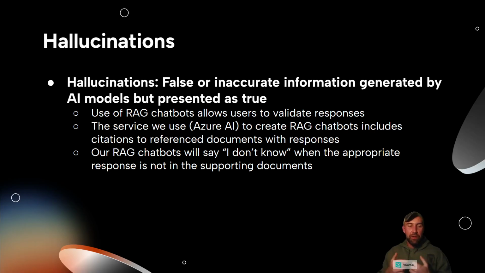So you as a user won't necessarily know that it had hallucinated. You might say, who was the president in 1984? And it would very confidently say George Bush, when in truth, the president was Ronald Reagan. But it's not going to give you any indication that it was wrong.